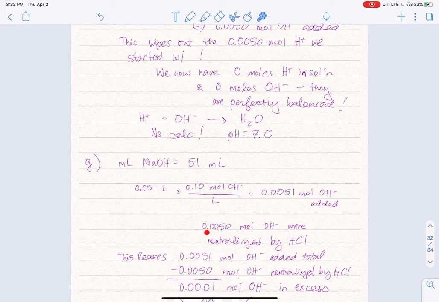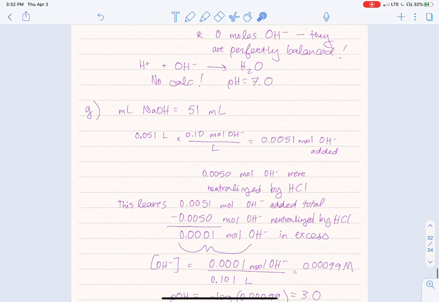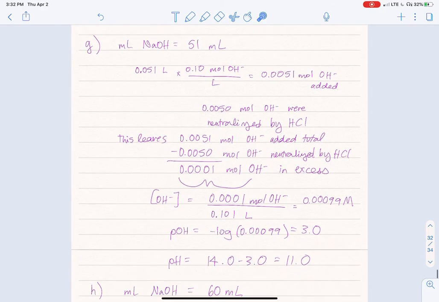Now remember, 0.005 of those moles were neutralized by the hydrochloric acid. So out of those 0.0051 moles of hydroxide, 0.005 moles of them were taken out by HCl, and that leaves an excess of 0.0001 moles of hydroxide. And that is going to determine the pH of the solution.